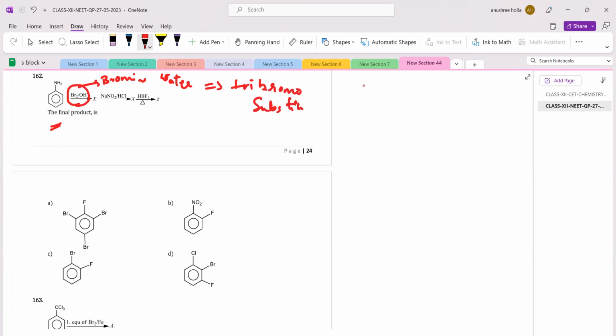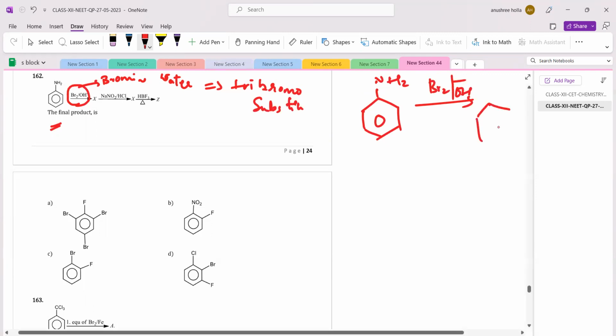So if I take this aniline and add bromine water, I'll get tribromoaniline, with bromine substituted at two ortho and one para position. So now this is X.